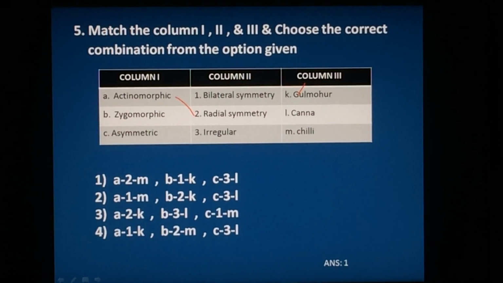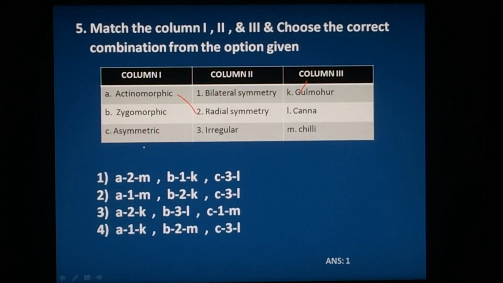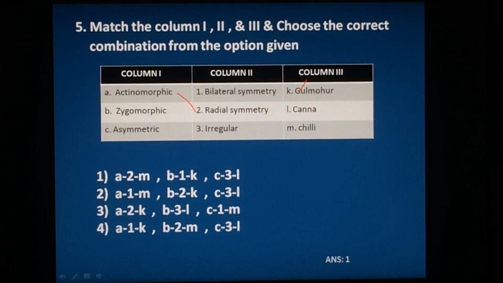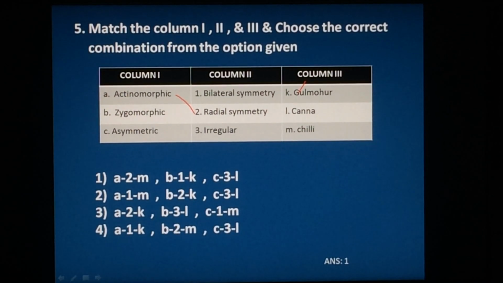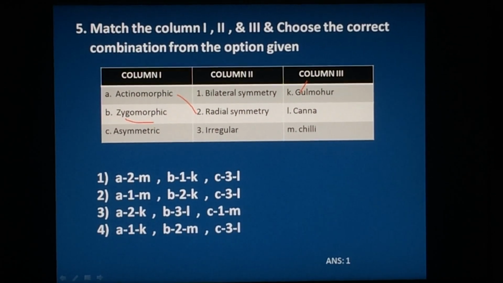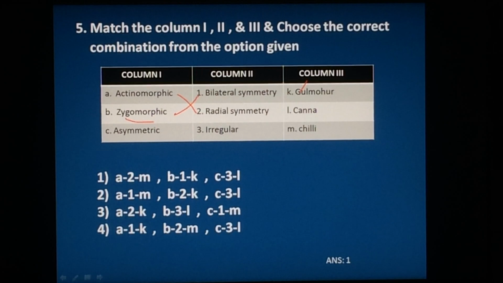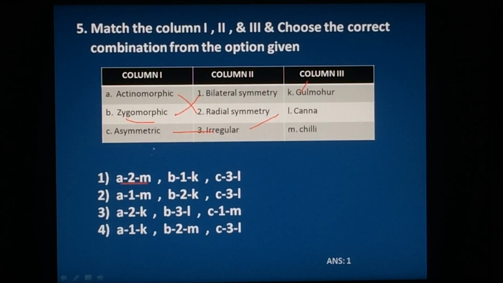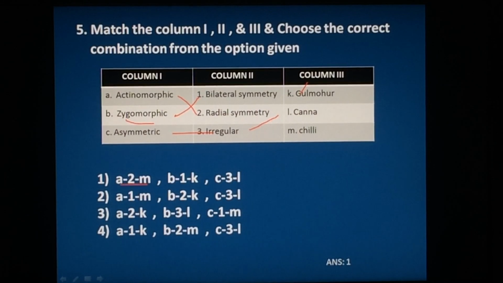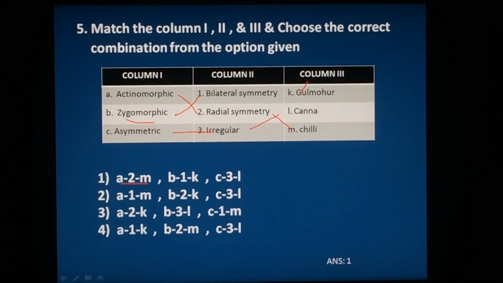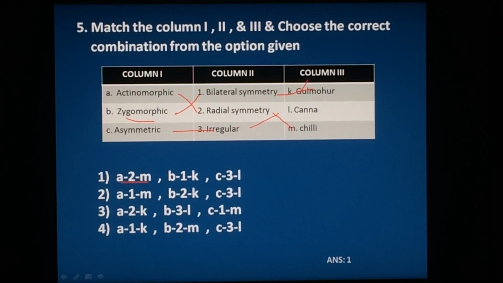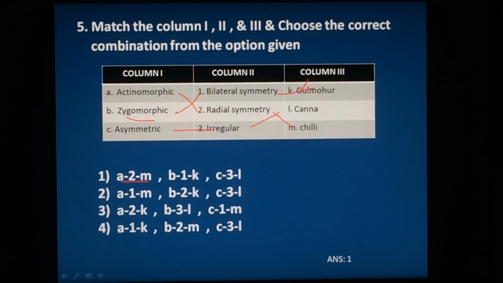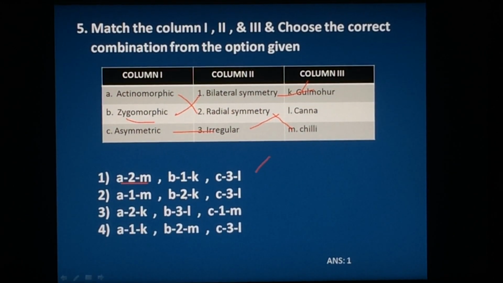A2 will be there. Next, zygomorphic. Zygomorphic means bilateral symmetrical. Asymmetrical means irregular, and it will be like this. So answer is this one.